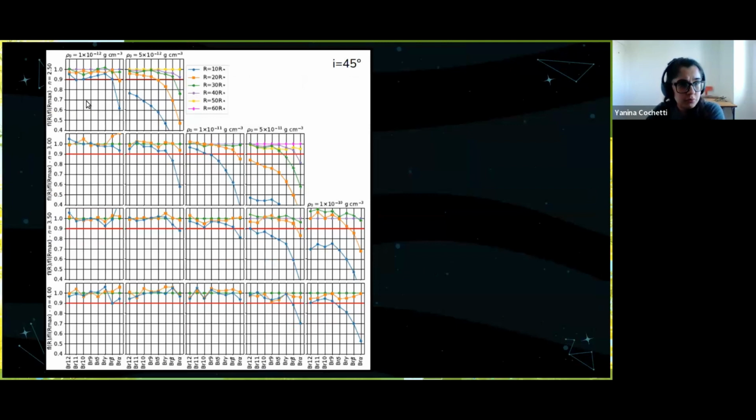So here I show the flux for these lines relative to the flux with the maximum radius that we put for each model. Each line of these different subplots corresponds to a different n value, and each column is for different density values. Each color is for different sizes that we put in the model.